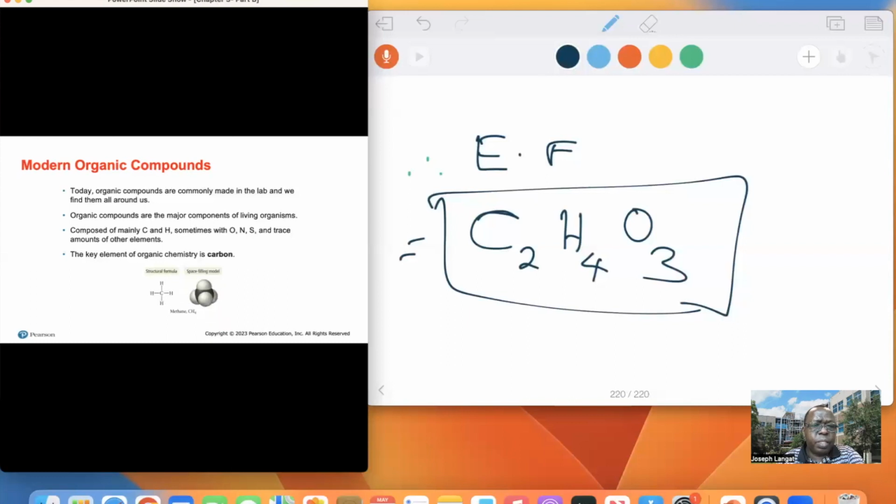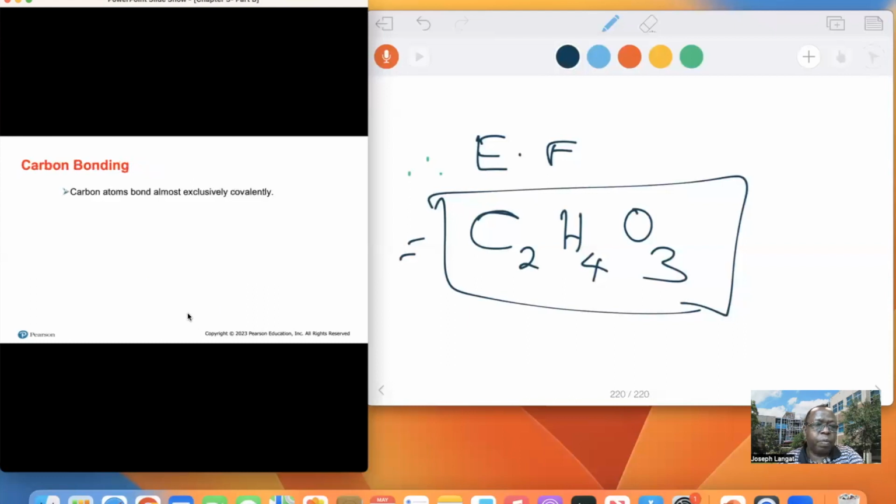Here is the simplest form of organic compound, methane, CH4. It has only one carbon and 4 hydrogens. This is what I was explaining about the ability of carbon to form bonds almost exclusively covalently, by sharing of electrons.